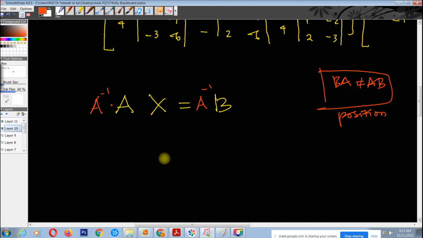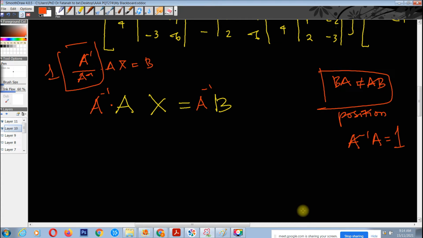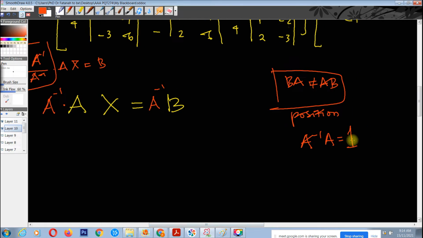Why do we put it like this? Because we know that before, here we have A inverse times AX equals to B. As usual, we actually add the 1 here. So by the properties of matrices, A inverse A gives us the identity. Not 1, we call it the identity, sorry.